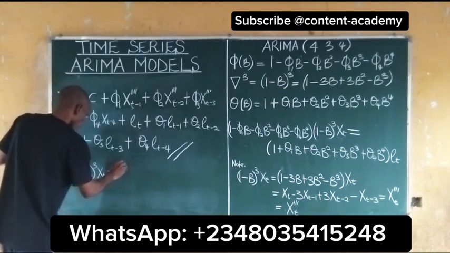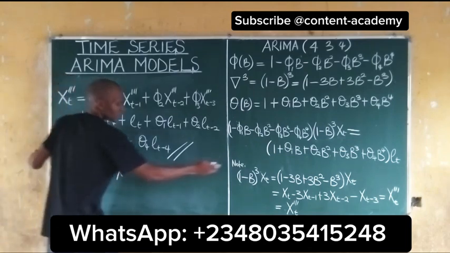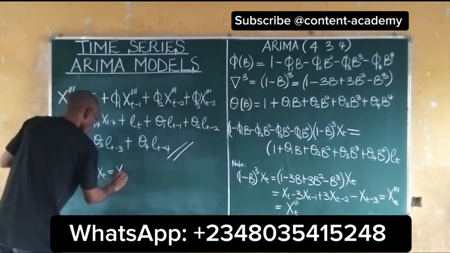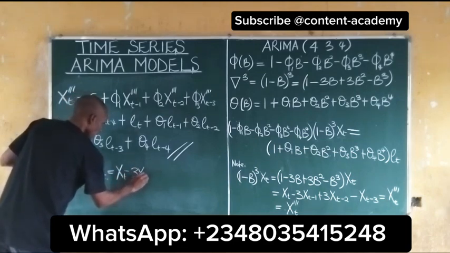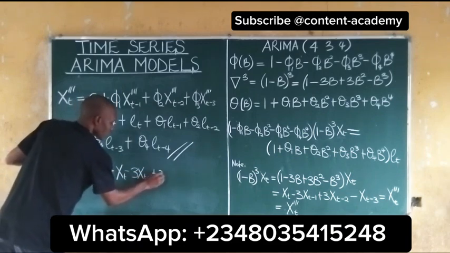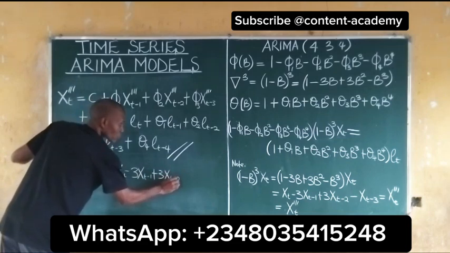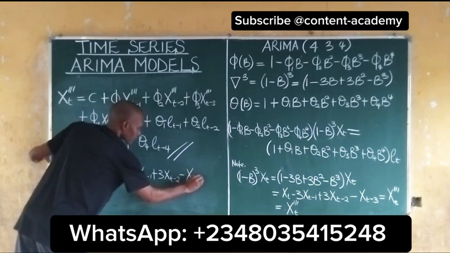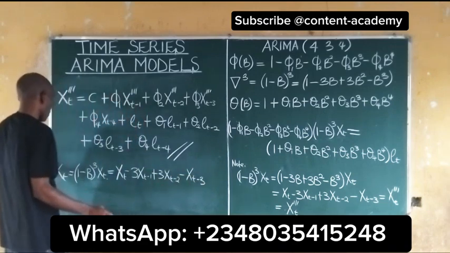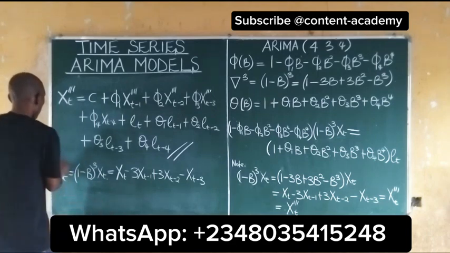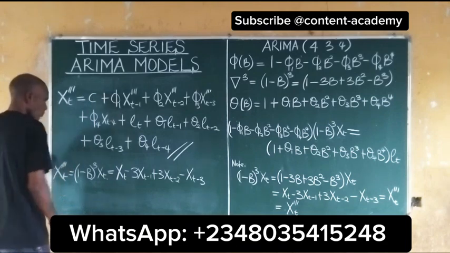Since we have expanded it here, no need again, we just write this out. It's equal to Xt minus 3 Xt minus 1 plus 3 Xt minus 2 minus Xt minus 3. Of course, is equal to this.